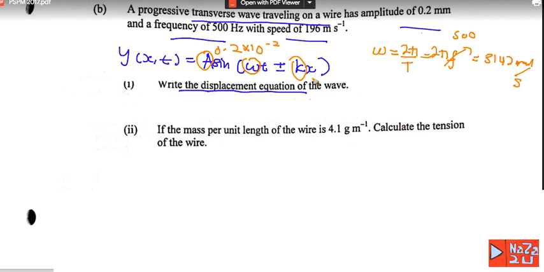Okay, so next, what is k? k, as you know, is the wave number, equal to 2 pi over lambda, right?